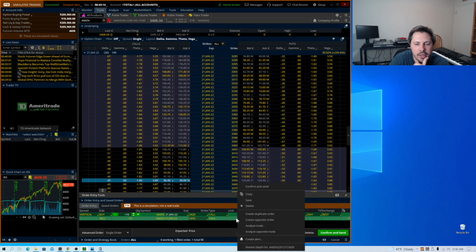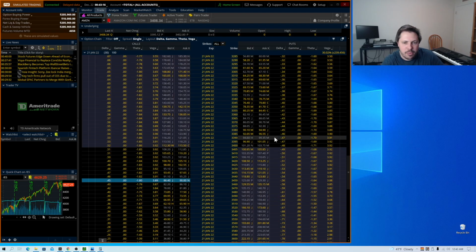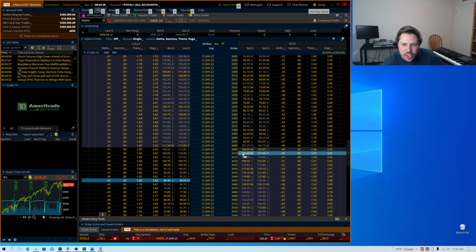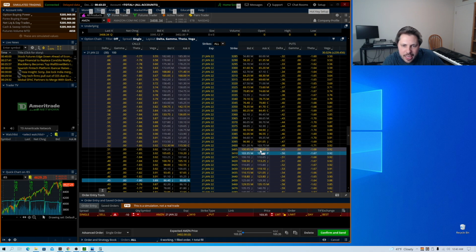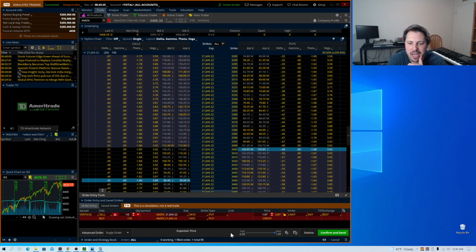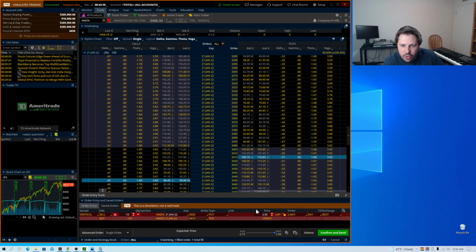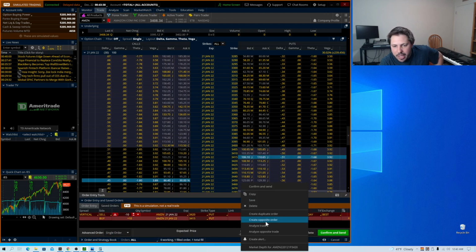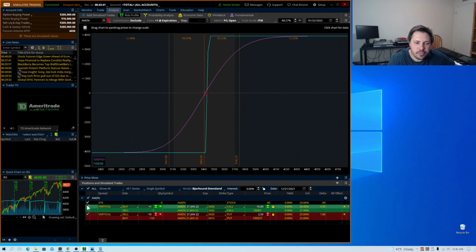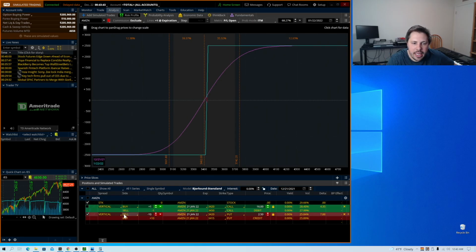Or again, we could come in here and do the opposite, where we sell this 34.10 and we buy this 34.05, a 5-point spread. And I don't even like the way those numbers are, so let's go even more into the money. If we think it's going to get to 34.50, we could sell the 34.20, buy the 34.15, and here we might be able to get, again, half of the spread value.